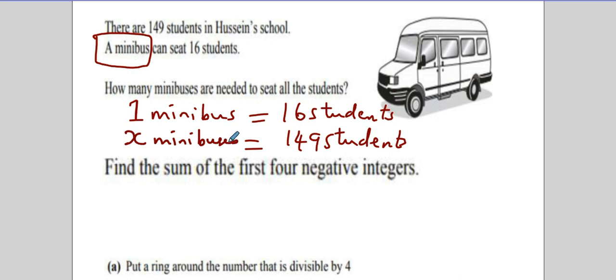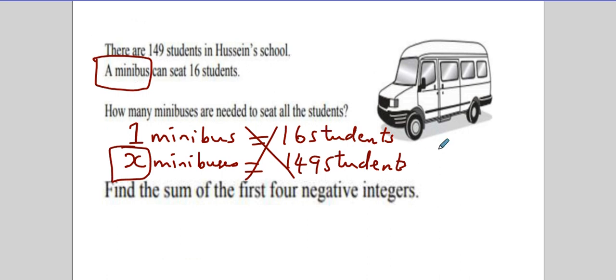Now we need to cross multiply to find the value of X. Right, the working would be as follows. X times 16 will be 16x equals 1 times 149. The answer is 149. So I'm looking for how much X is.